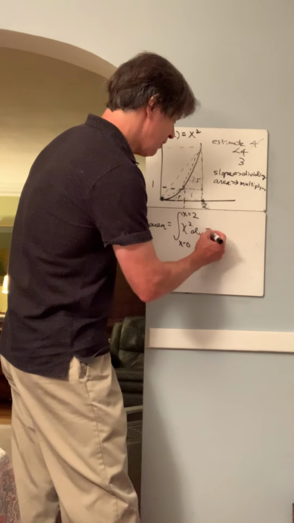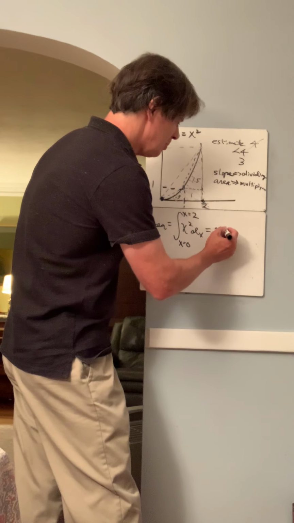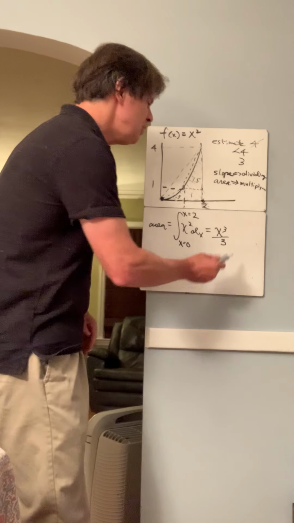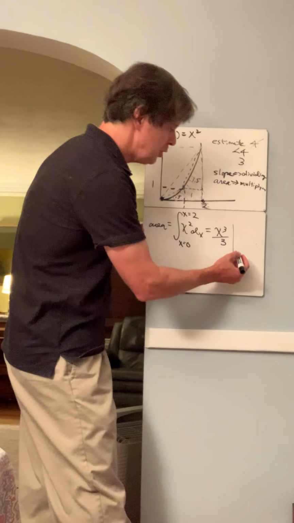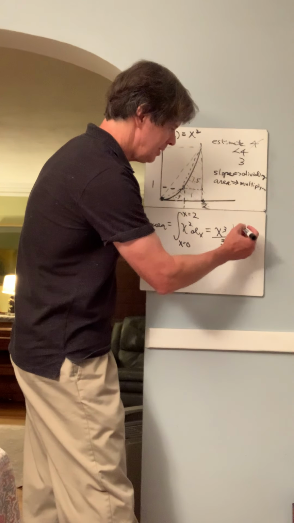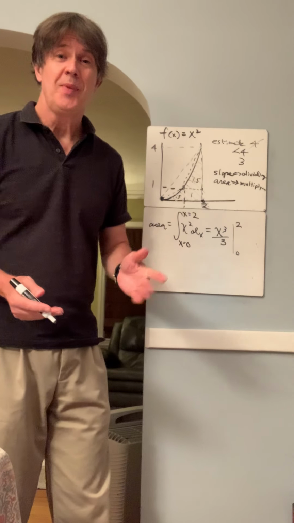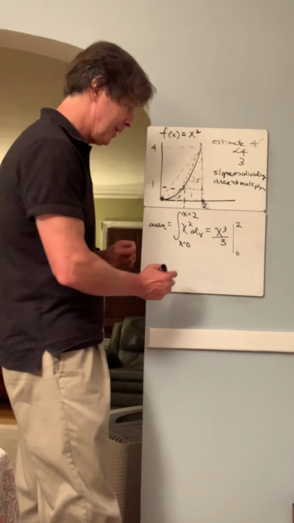So you figure it out and you get x cubed over 3. I could put it as a 1/3 or over 3, same thing. Then you draw a bar like that, and on there you put 0 to 2. What you do is you plug in the top number and evaluate that.